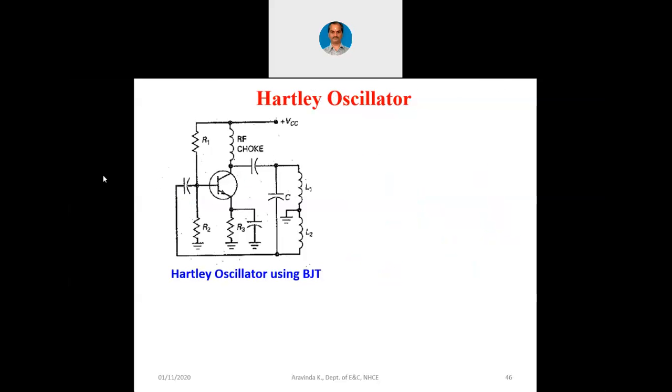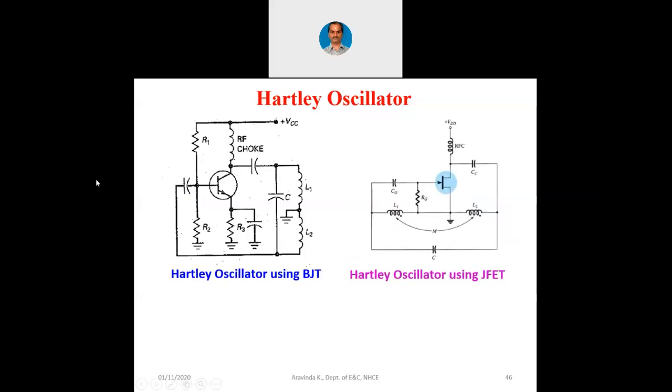So let me proceed. Now the same Hartley oscillator can be constructed using JFET. Again you can see one L connected to ground here, one more L connected to ground here, and one C connected back to the input. Of course, the textbook authors write the circuits in many different ways.